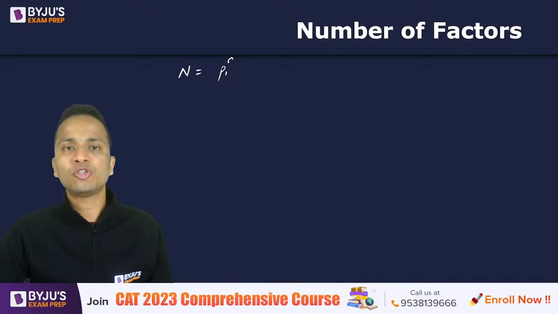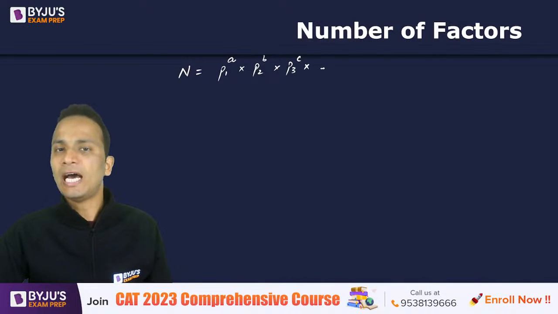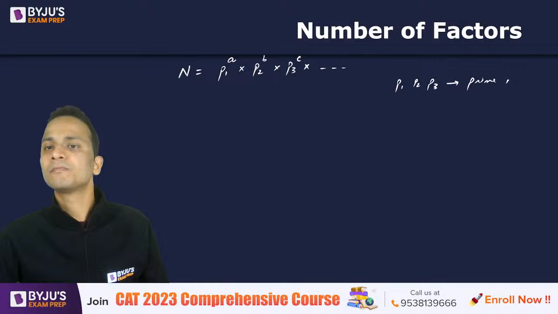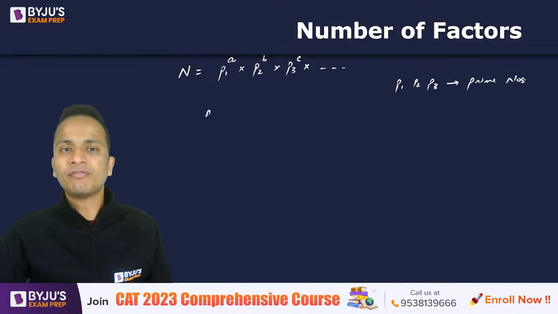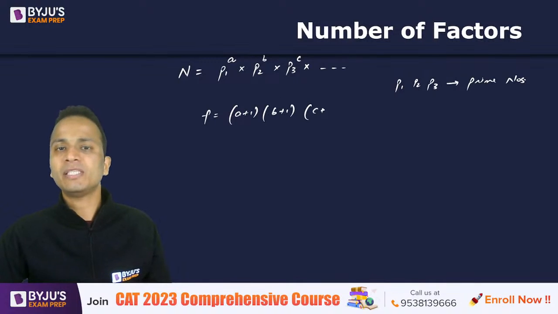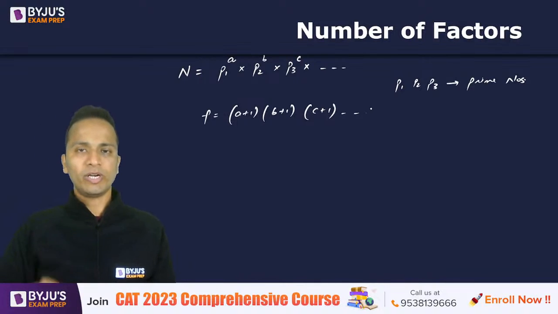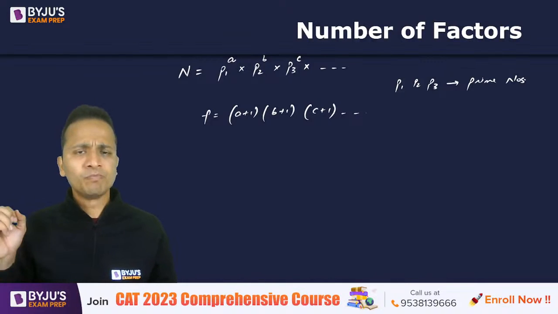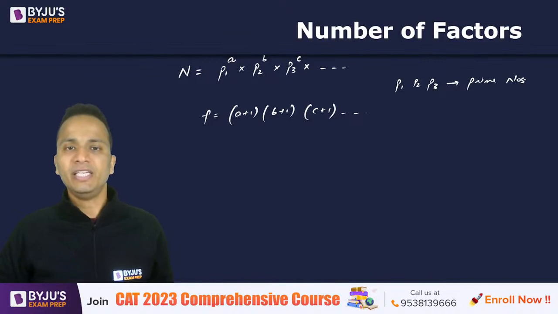So P1 raised to the power A multiplied by P2 raised to the power B multiplied by P3 raised to the power C, and so on, where P1, P2, P3 are prime numbers, right? So the number of factors of any number will be A plus 1 multiplied by B plus 1 multiplied by C plus 1 and so on. So whatever the powers of prime numbers are, उन सब में 1 1 1 add करना है and सबको multiply कर दो. You will get the number of factors of any number, right?